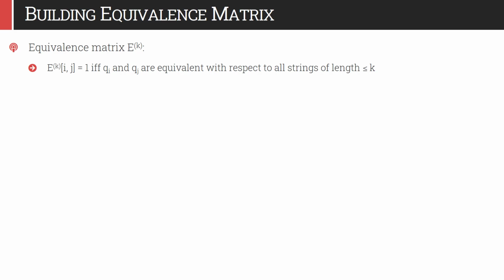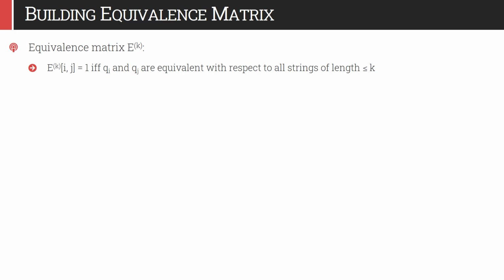So if states qi and qj are equivalent for any string having length less than or equal to k, we set E of k of i comma j equal to 1, otherwise it is 0. So E is the equivalence matrix, k is the iteration. We have to compute E of 0, E of 1, E of 2, etc. Whenever E of k and E of k minus 1 are the same, we have to stop.